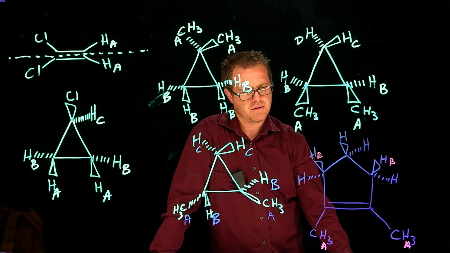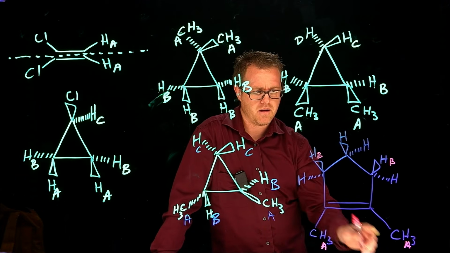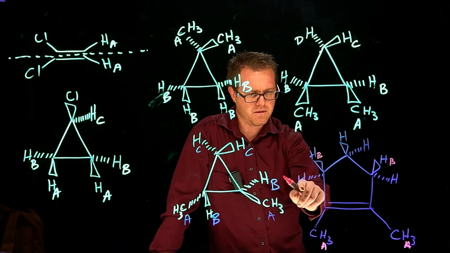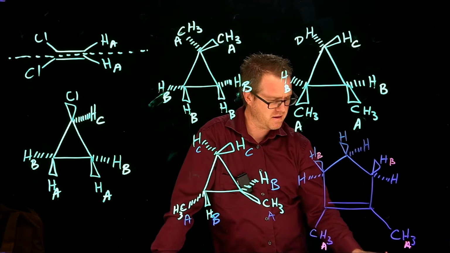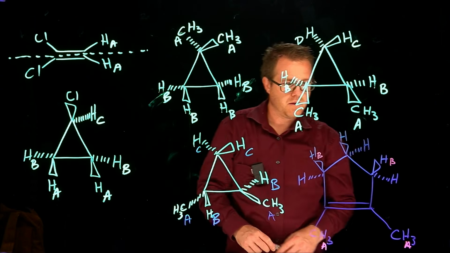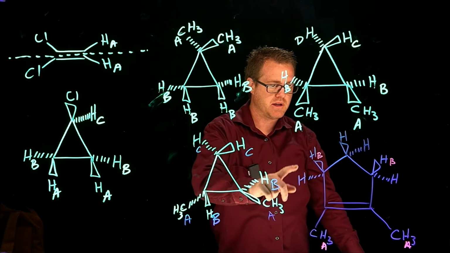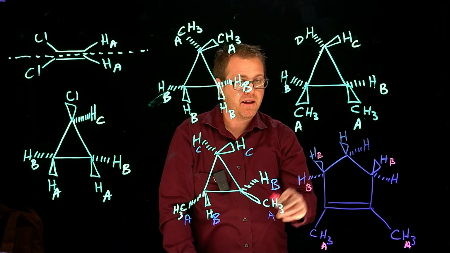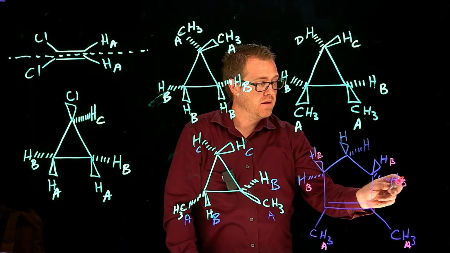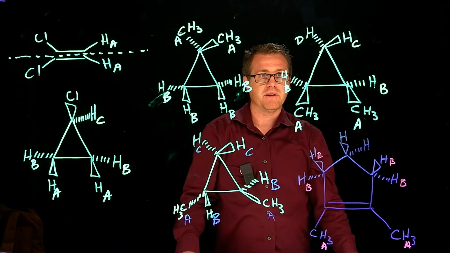Let's take a look at that. Hang on, the relationships between those two. Let me think about that a little bit longer. So when we ask the question, what's the relationship between this proton and that proton, you will find that they're enantiotopic and equivalent. So these four hydrogens right here are all equivalent to one another.